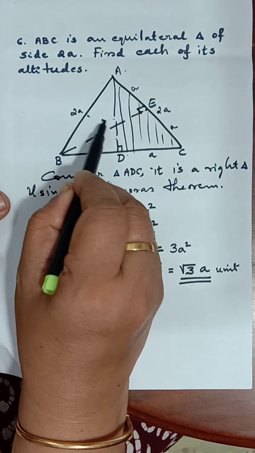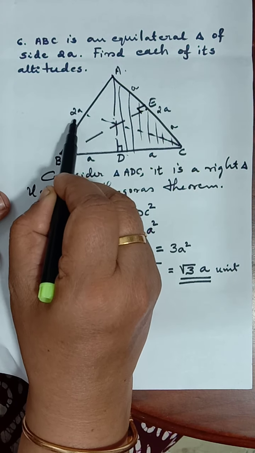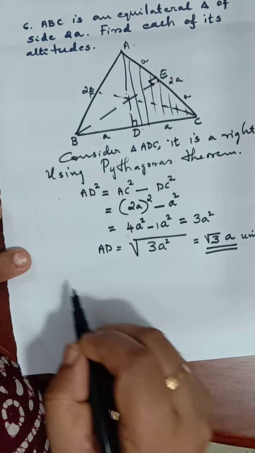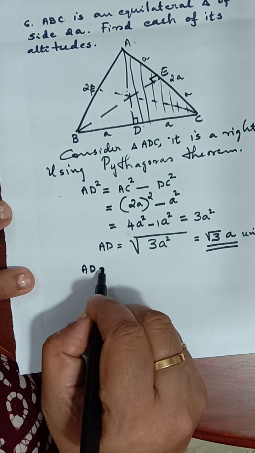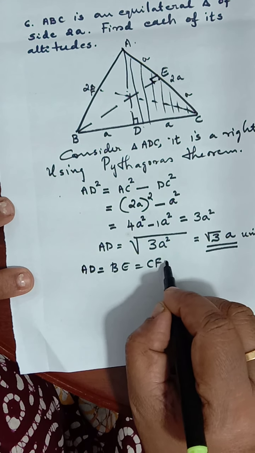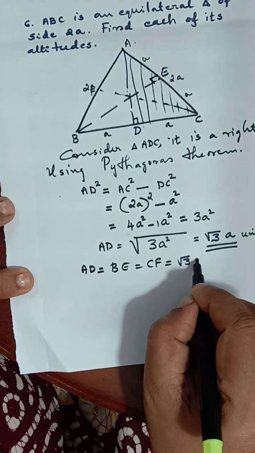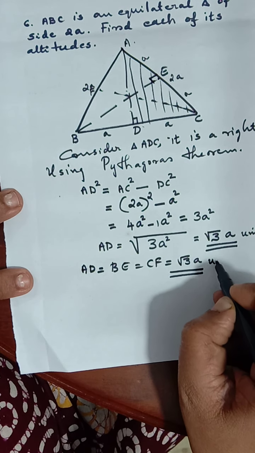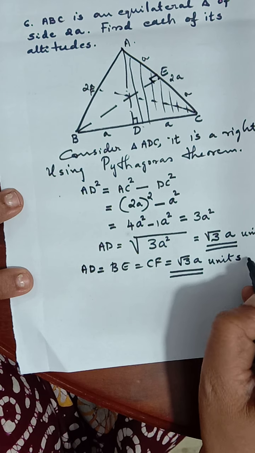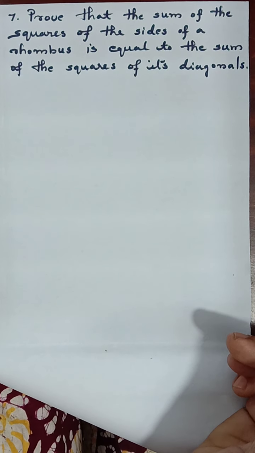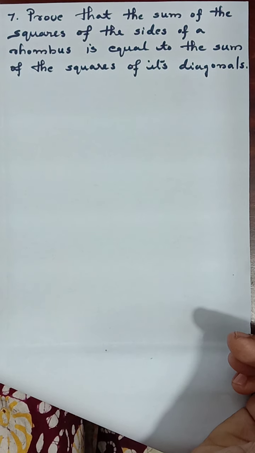Similarly, F you can mark, this point is F. CF also will be root 3A. So, AD is equal to BE equal to CF, that is equal to root 3A. As it is an equilateral triangle, you don't want to find out each one. It will be the same. So, root 3A units.